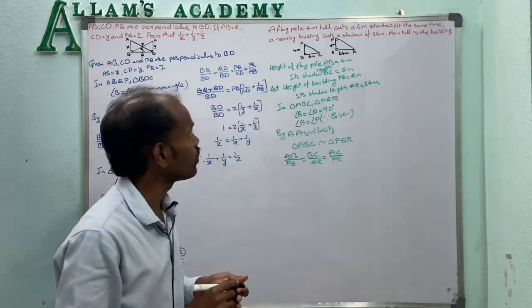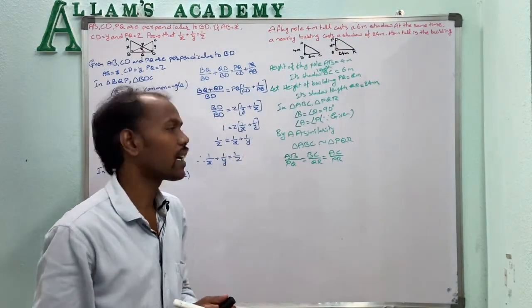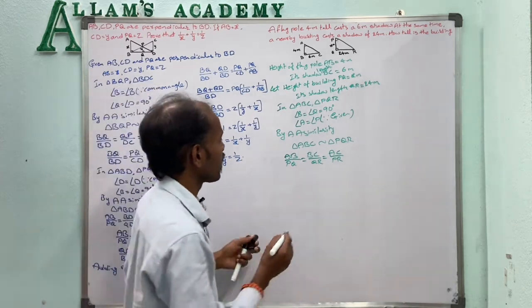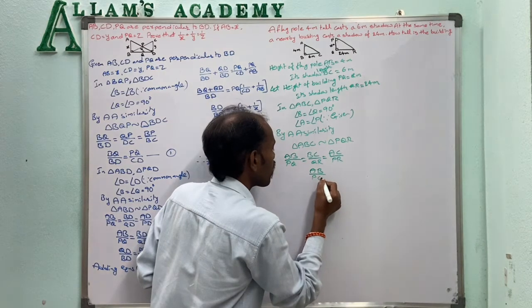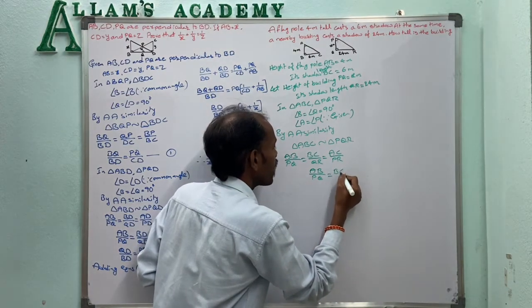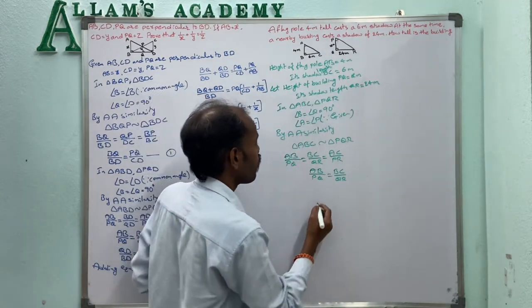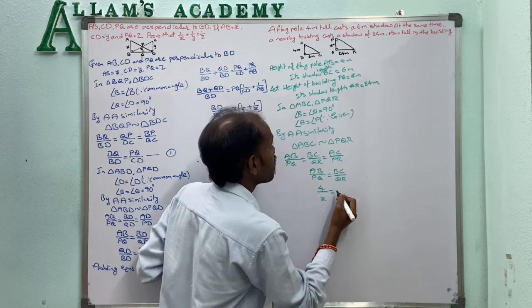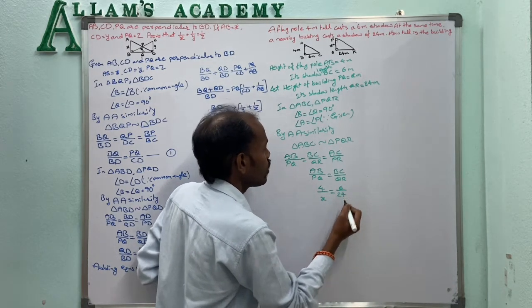Now for AC and PR no information is there, for that purpose these two sides ratio only we take. AB by PQ equal to BC by QR, and here AB length is 4, PQ length is x, BC length is 6 and QR length is 24.